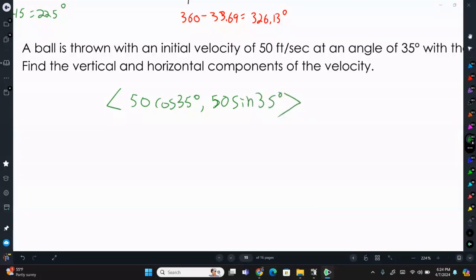And then we type those into our calculator. So 50 times the cosine of 35 degrees is 40.96. And if we do 50 times the sine of 35 degrees, that's 28.68.